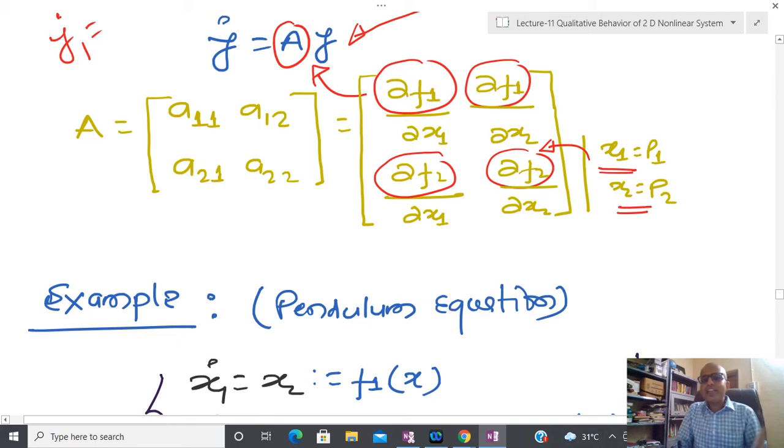Now you are able to understand why I am saying that functions should be continuously differentiable in all arguments. If it is not continuously differentiable at some argument, then I cannot calculate this, and the Taylor series expansion fails. So if you have a system where differentiation with respect to some variable is not possible, then you cannot linearize that system about that point.